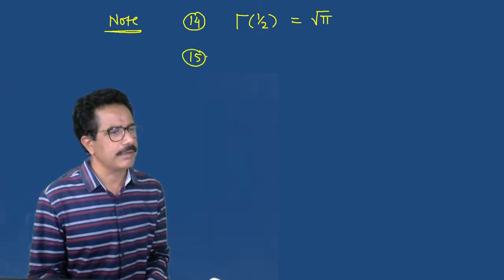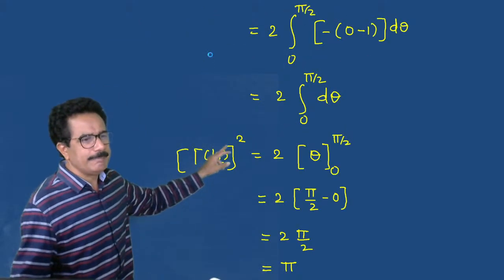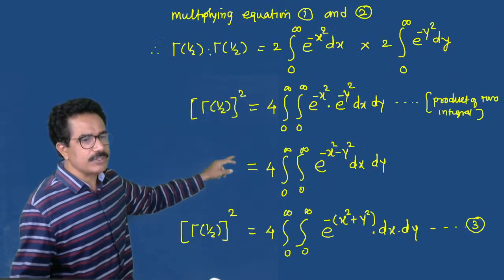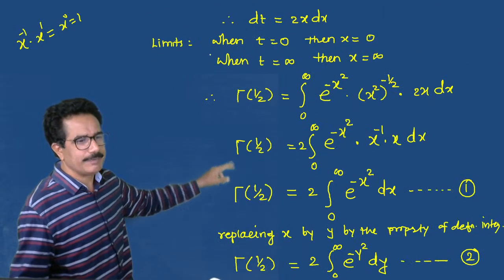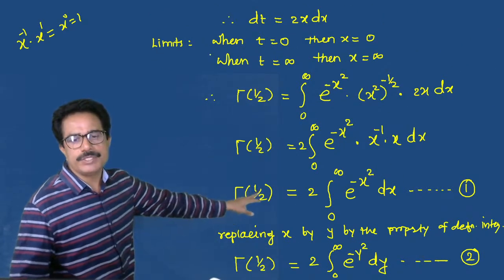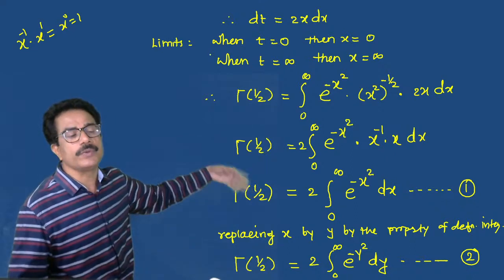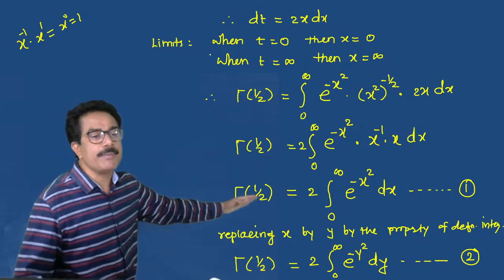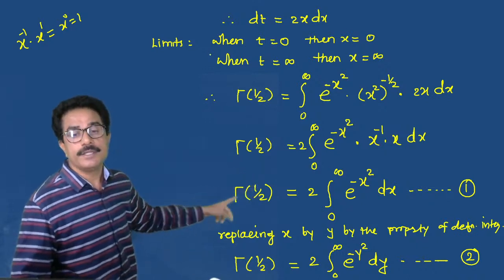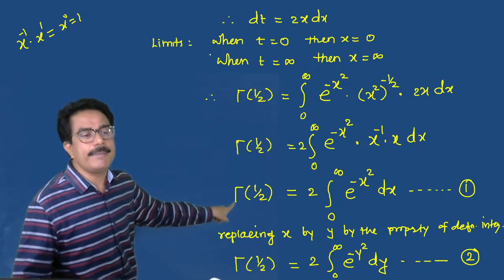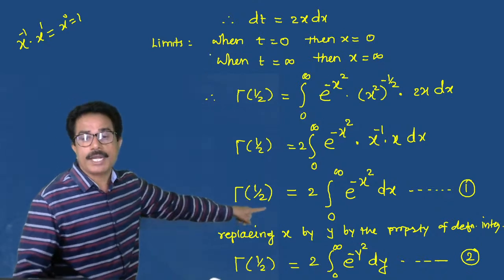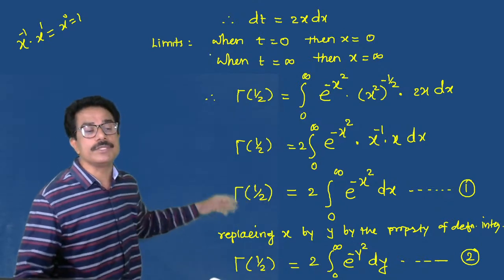15. So actually, we know that there is also one relation. Gamma 1 by 2 is equal to 2 times the integral from 0 to infinity e raised to minus x square dx. It is equal to gamma 1 by 2. So here also gamma 1 by 2 is root pi.